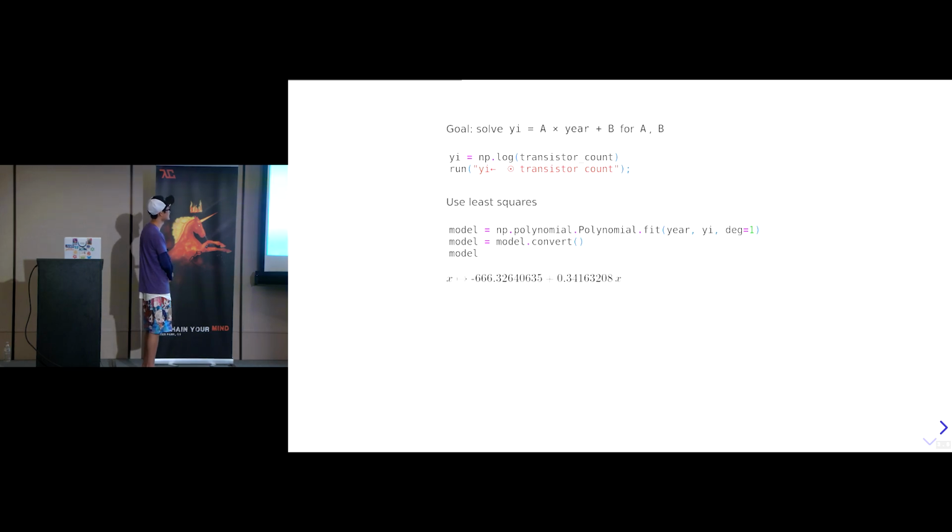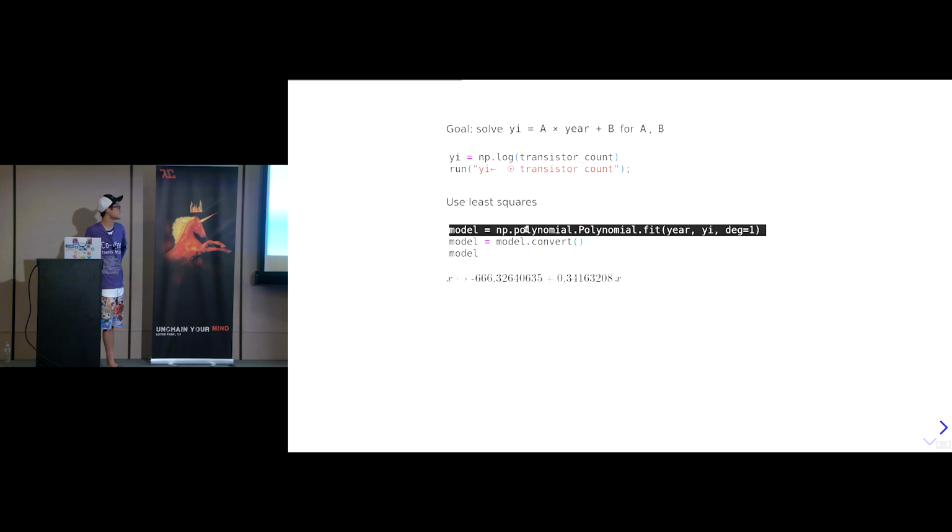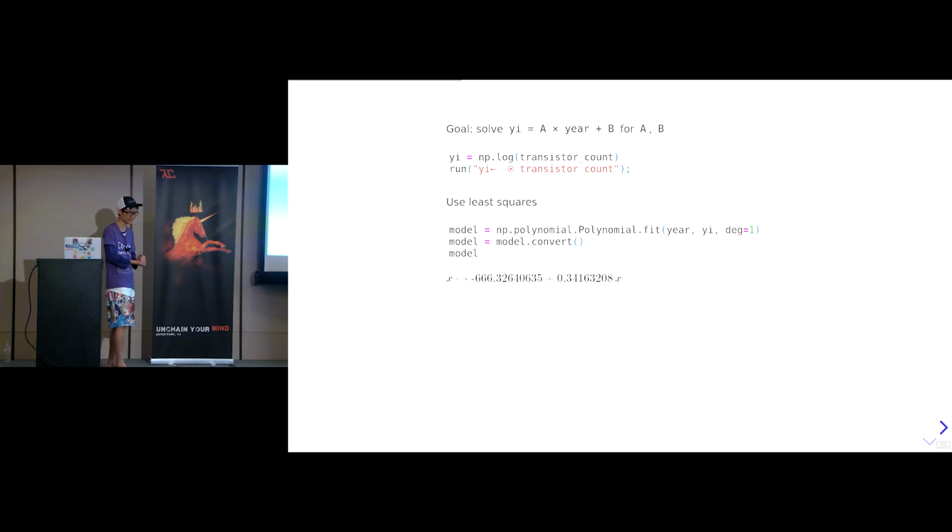Now let's do some simple linear regression. So we define this y variable. It's a log function, one letter long. And we are using least squares to find the line of best fit.